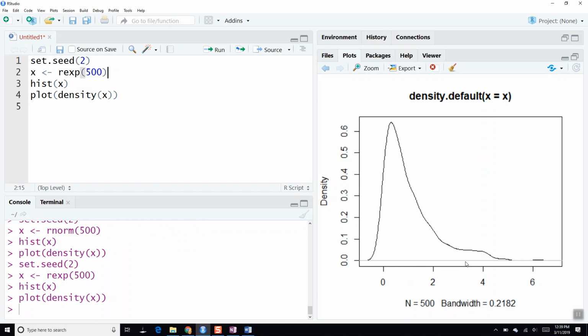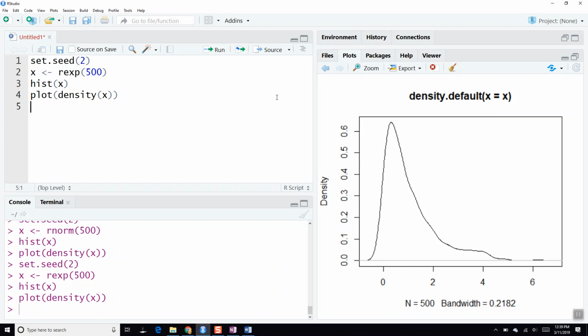Right. So what's my distribution? It's exponential. What's the domain of the exponential distribution? It has to be entirely positive, right? You can't have any negative values. But the density thing goes down below 0, right?